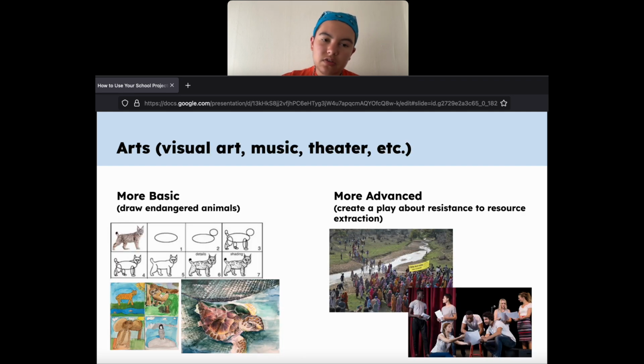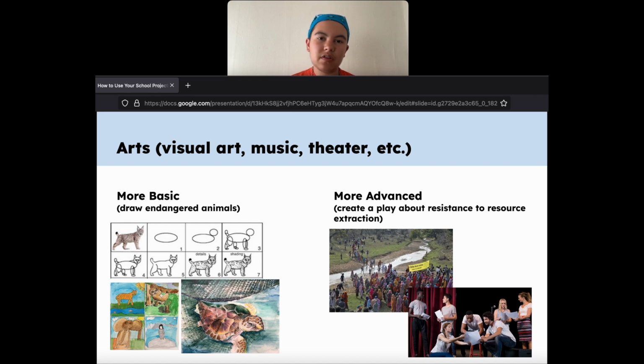Then for the arts, for something more basic, you could draw some portraits of endangered animals. There are a multitude of scholarship contests that have this as their prompts. They'll tell you, hey, could you make some art about the theme of clean water or animal rights or things like that.